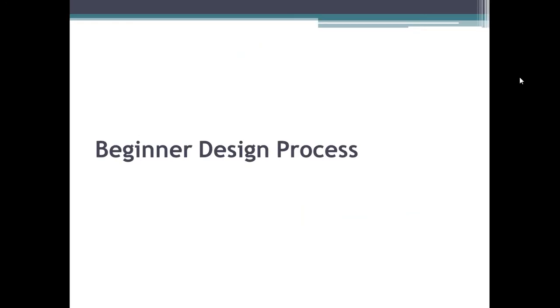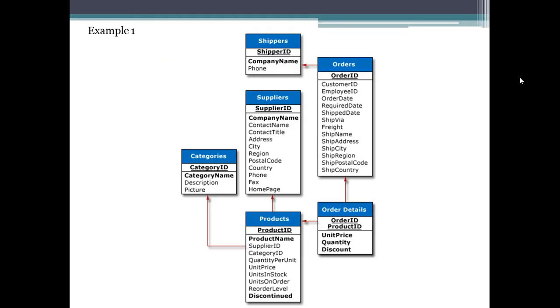Okay, so let's begin talking about the design process. This is an example of a small OLTP. What this database does is basically keep track of a company that deals with shipping and products.